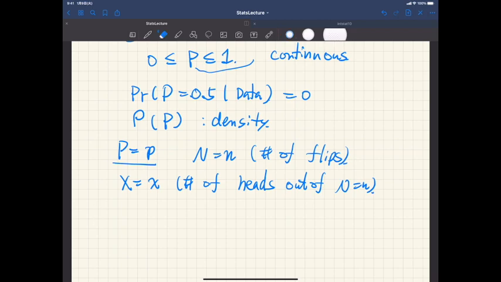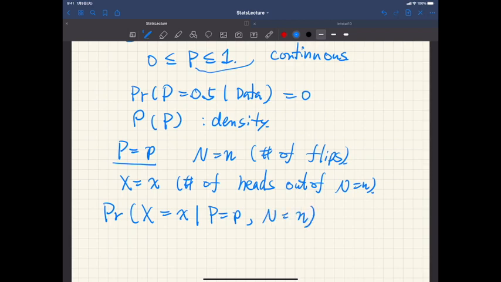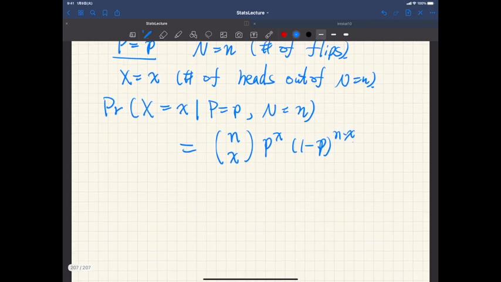What we want to calculate is the probability that the number of heads is x, given the probability of obtaining a head is small p, and the number of flips is n. This problem is actually just an ordinary binomial distribution. So this probability should be n choose x, p to the power of x, and 1 minus p to the power of n minus x. So this is a binomial distribution.